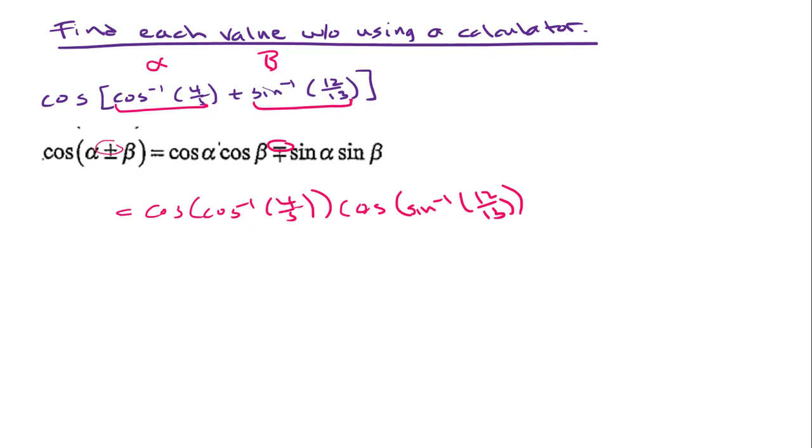And since we use plus, that's going to correspond with the minus, so that's going to give us minus sine of alpha, which is inverse cosine of 4/5, times sine of beta, which is the inverse sine of 12/13. Okay. All right.